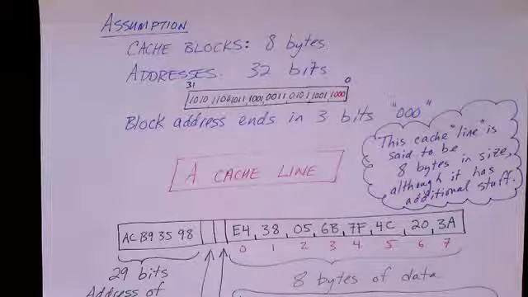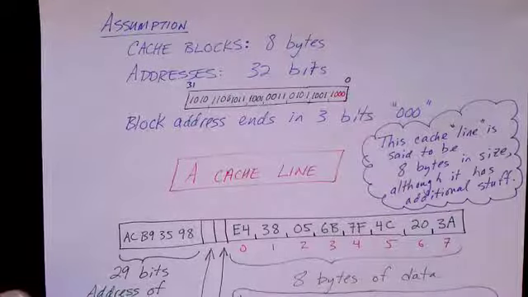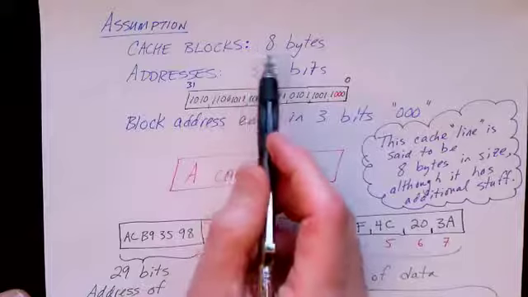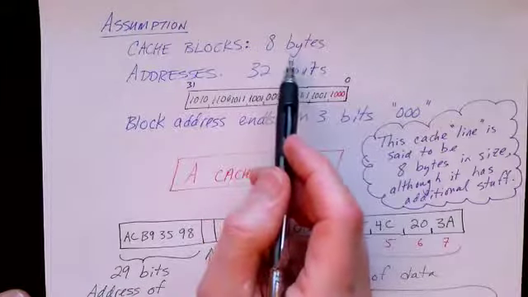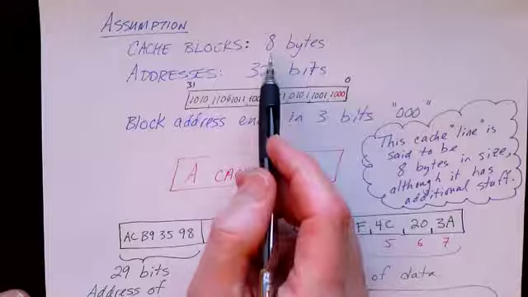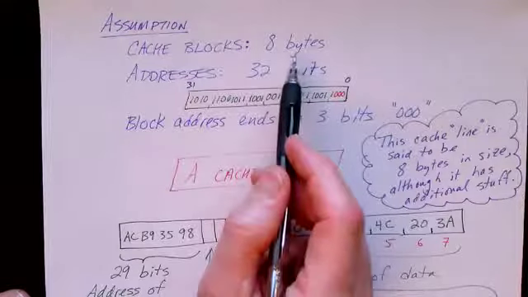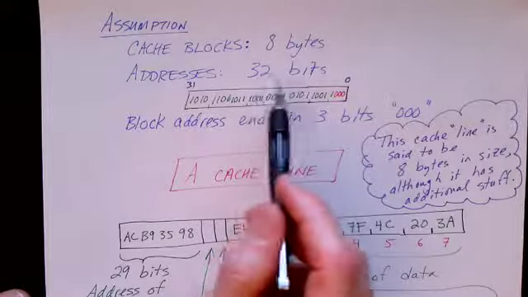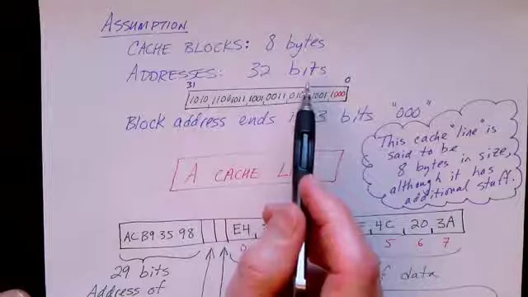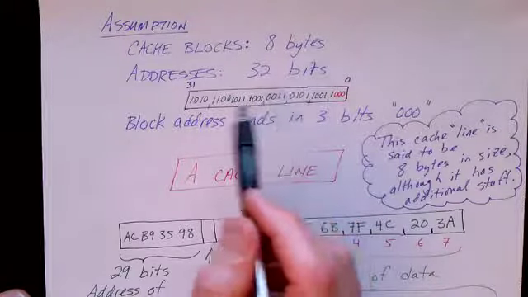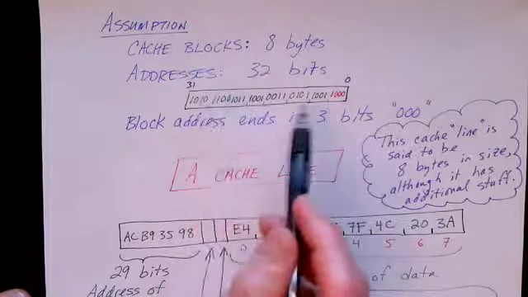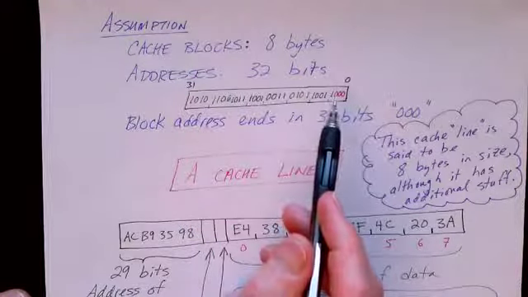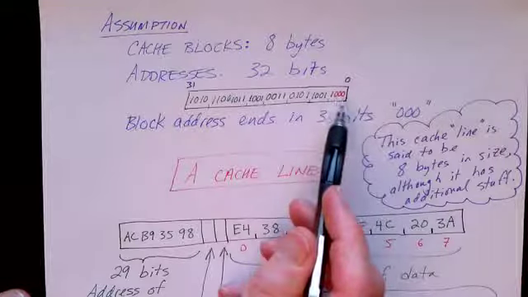Now let's take a look at what a cache line is. In this example, I'm going to assume that our cache blocks are 8 bytes in length, not 64 bytes, but only 8 bytes, just to make this a little bit more manageable. And let's assume that our addresses are 32 bits in length. So each address has 32 bits, and the address of a block will always end in 3 zeros.